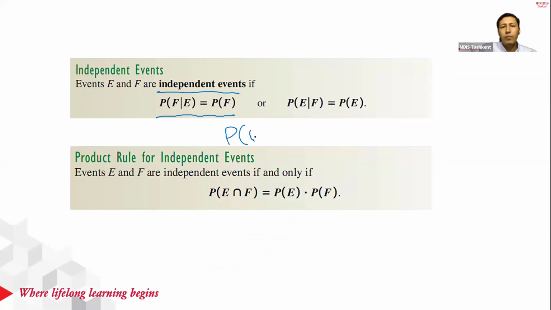For example, P of heart when first is heart. If it is with replacement, that means you pick a heart, then you put it back. Now we want to choose the second one. What's the probability of choosing heart? The number of hearts isn't affected from the first one because we replace it back. So still we have 13 out of 52 cards.